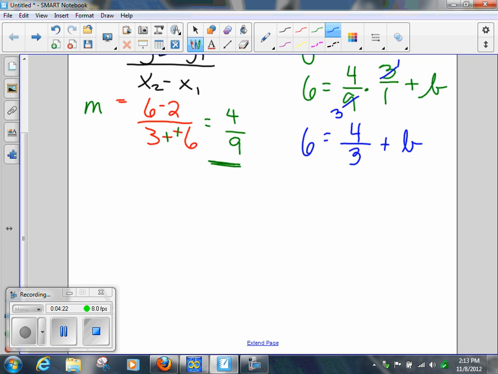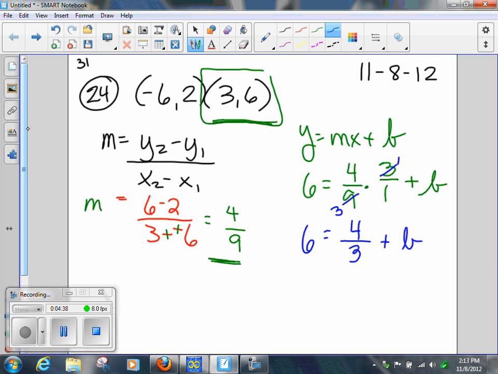No, you reduced incorrectly. That's what it was. Because 3 goes into 24. Well, 4 times 3 is 12/9. Did you use the other point? Okay, then you would have had mx. It would have been 4 times -6, which is -24, 9 times 1.